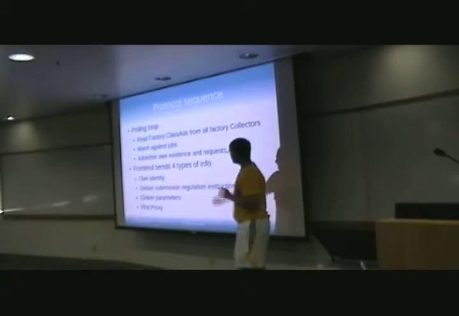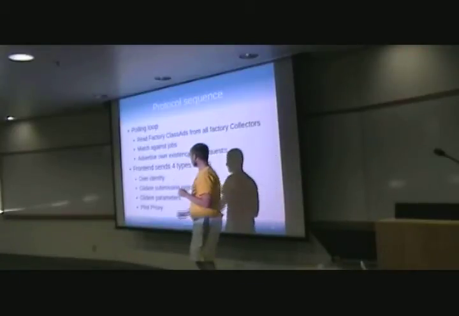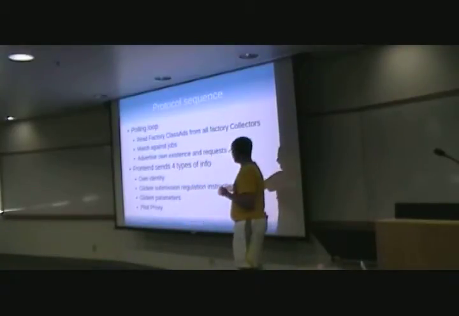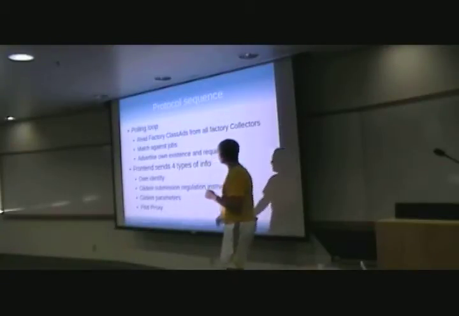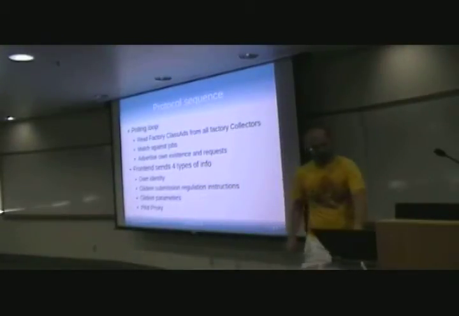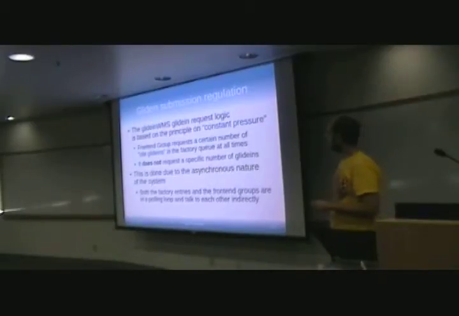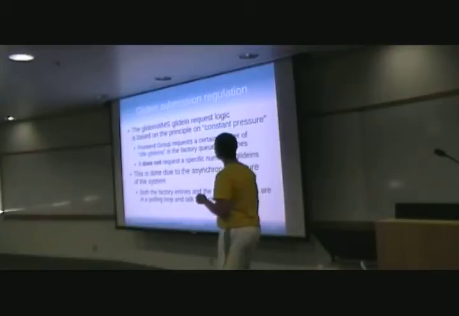So the front end puts in its own classad 4 types of information. Its own identity, the glidein submission regulation instructions, the glidein parameters, and the pilot proxy. If I'm not mistaken, I have this in the next slides. Not yet. We'll get those. So the glidein submission regulation, as I mentioned before, is done on the principle of constant pressure.